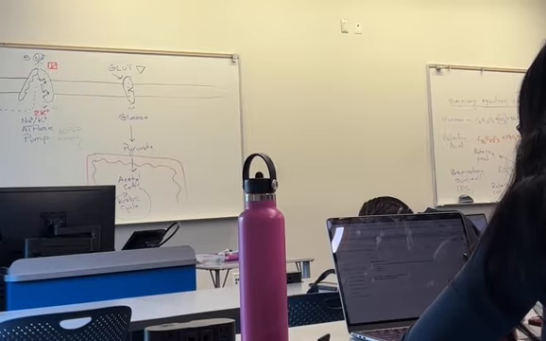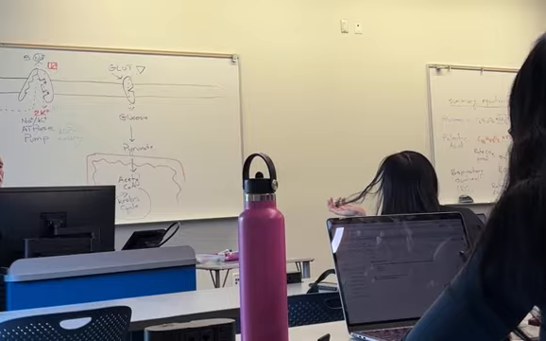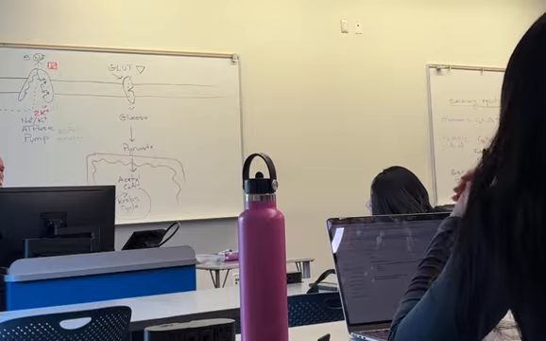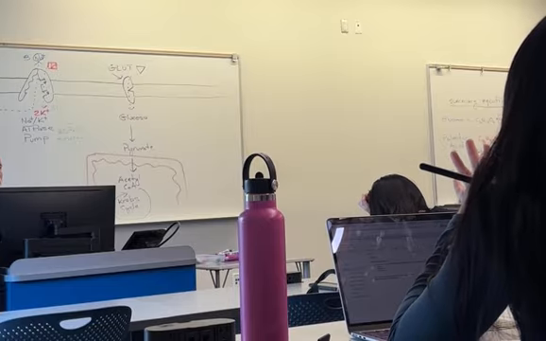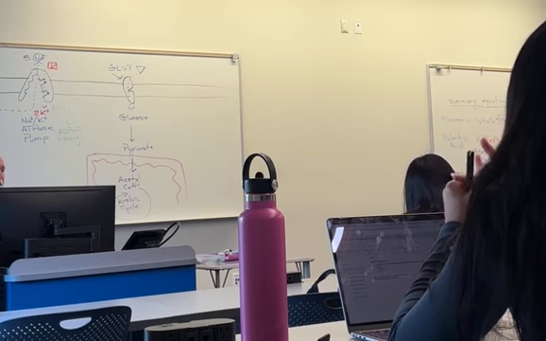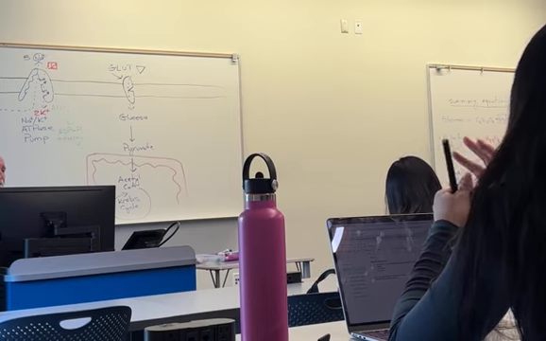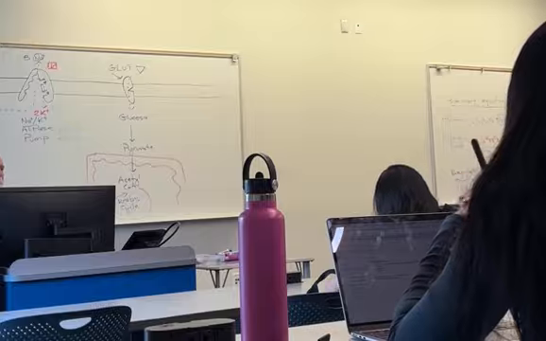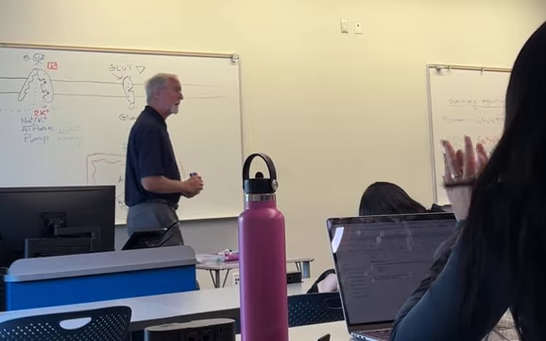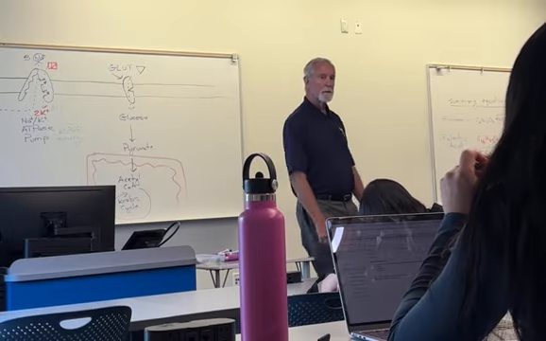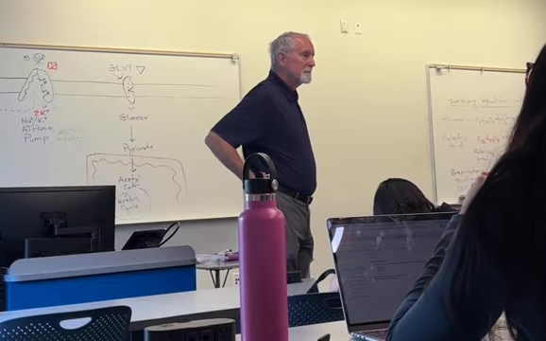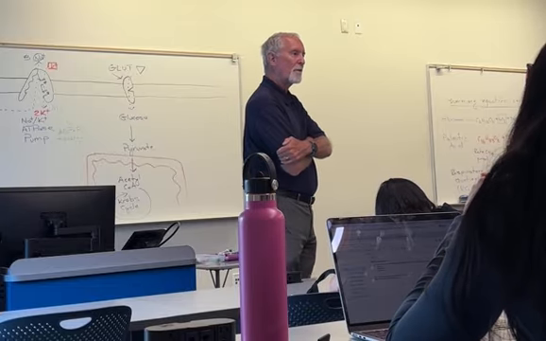Chris Cortez, if glucose is the only molecule that's being used to produce ATP, then you're going to tell us that the respiratory quotient will be what? I'm not sure. Okay, anybody? Is it one?